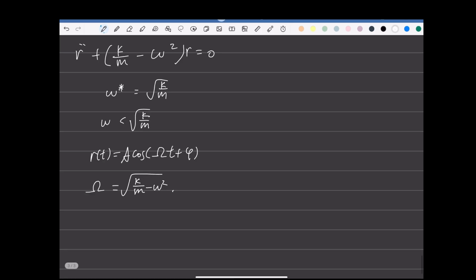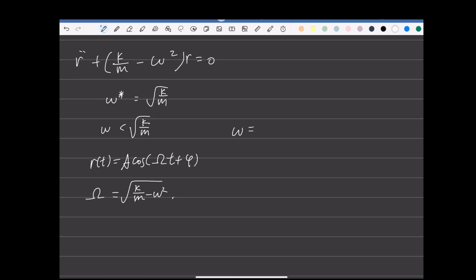And then next we have the case when omega is equal to the square root of k over m. Then the motion will be r of t equals c1 plus c2 t. This is when the system is sort of in equilibrium, and the mass will stay where it is or drift along the rod at constant speed depending on the initial velocity.